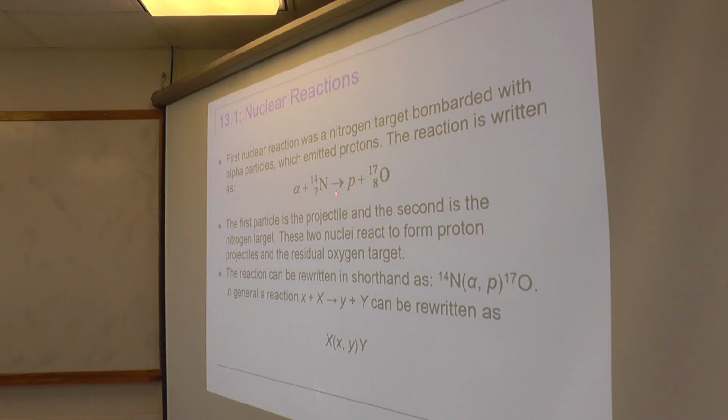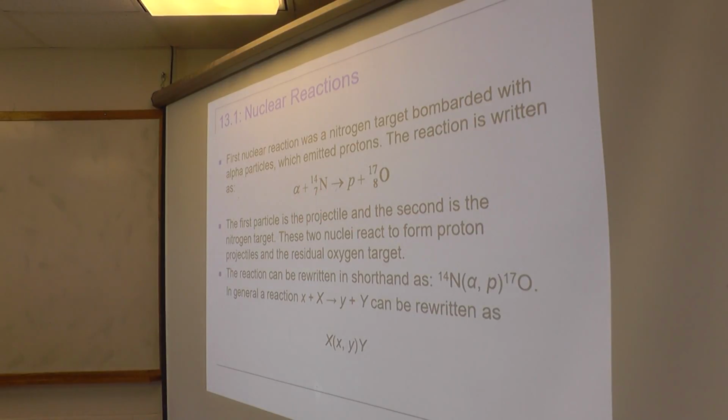So what does that mean? That means that if the energies are low enough, the number of protons and neutrons will be conserved in the reaction. We're not going to be smashing everything to smithereens into the quark constituents and creating quark-gluon plasmas or whatever, like they might be doing in the Large Hadron Collider.